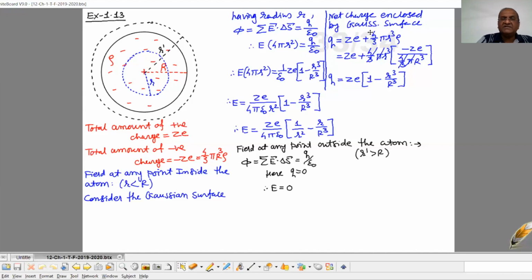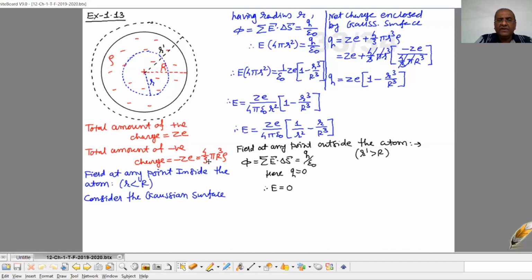Now the net charge enclosed by the Gaussian surface. See, this entire positive charge is inside the surface, but of the negative charge, we only have to consider what is inside this surface. So Q, that is positive charge Ze plus negative charge, that is 4 by 3 pi r cube rho.